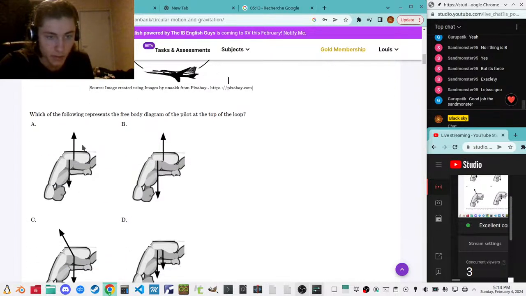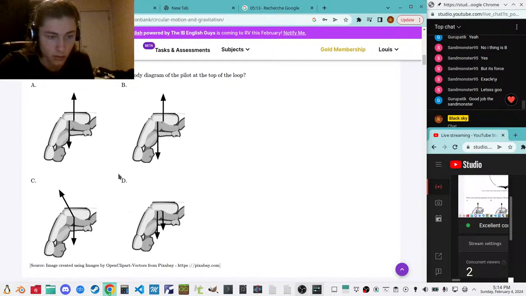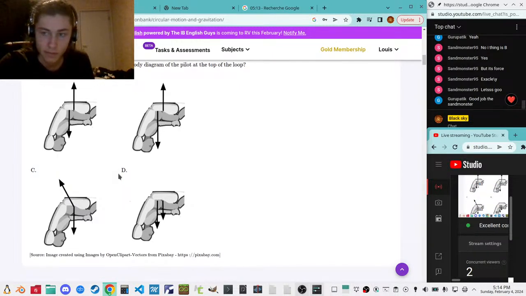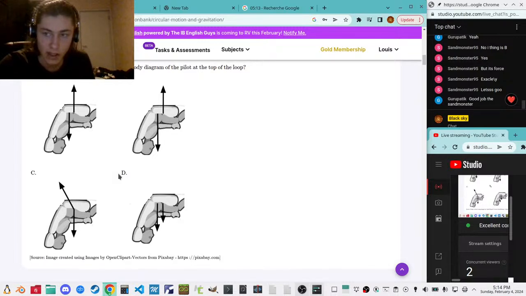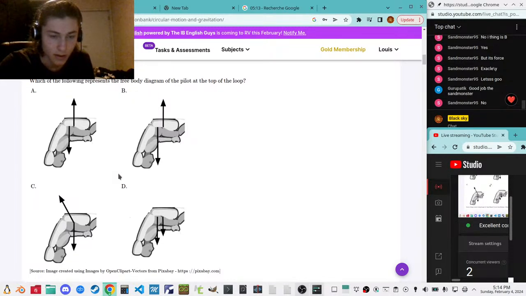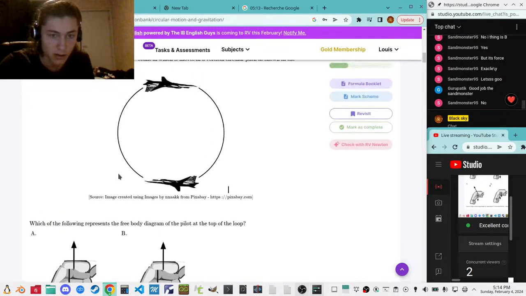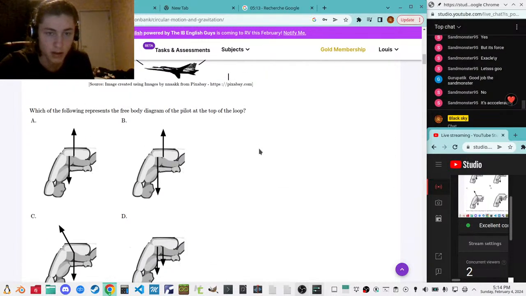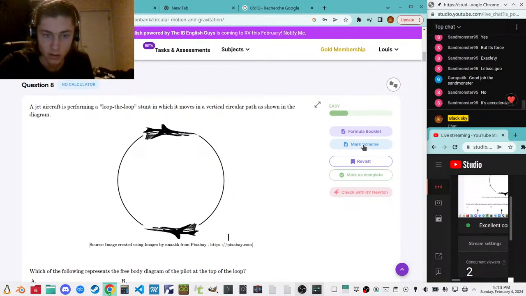It needs to be balanced. Does it need to be balanced? It needs to be, I'm guessing, because he's not flying out, right? But he also needs to accelerate in the center, so maybe it's B. Let's go with B.